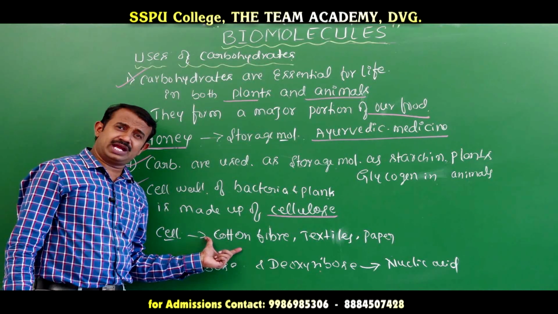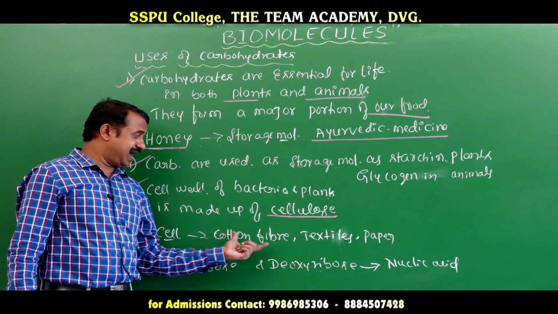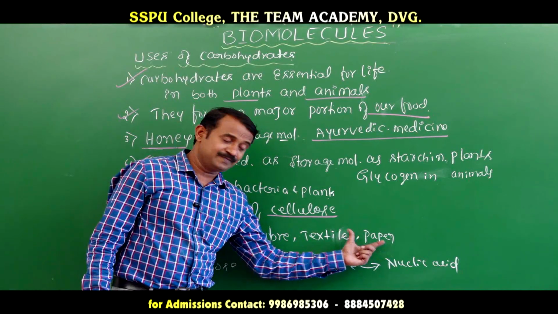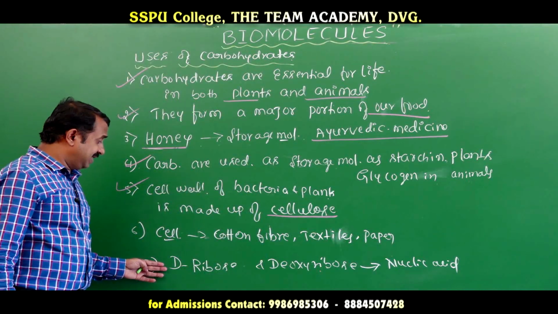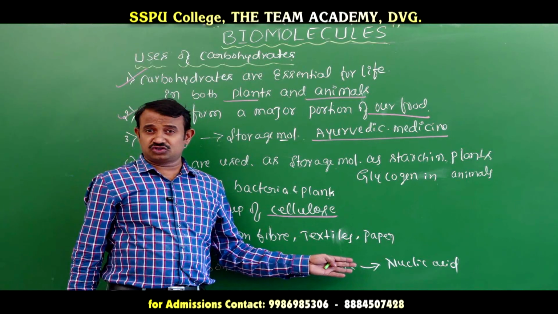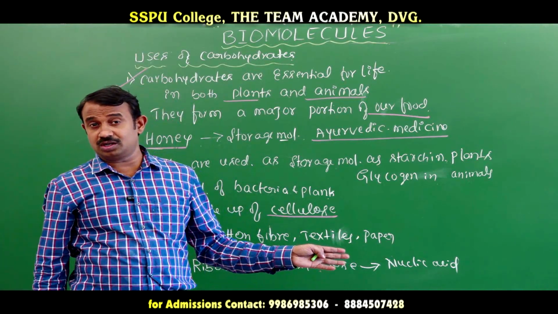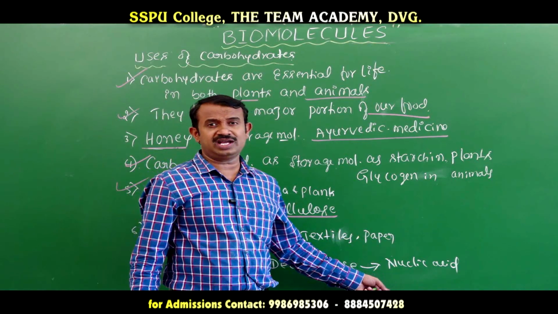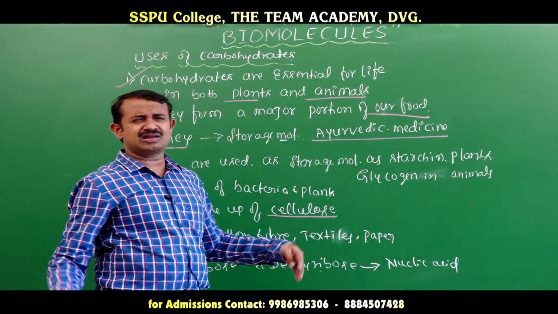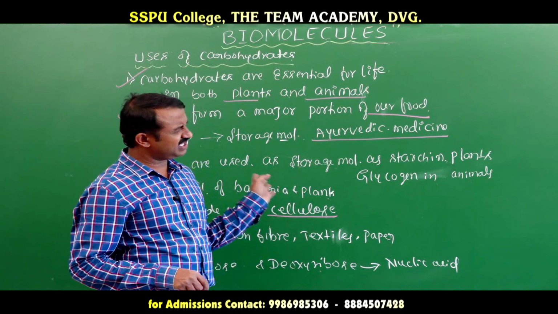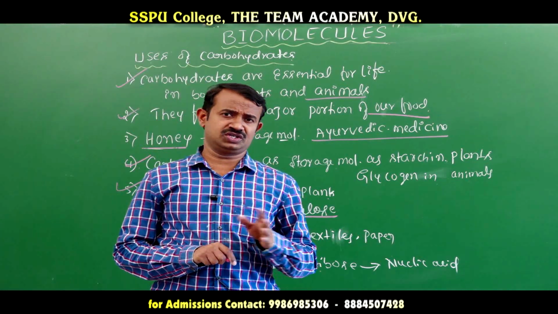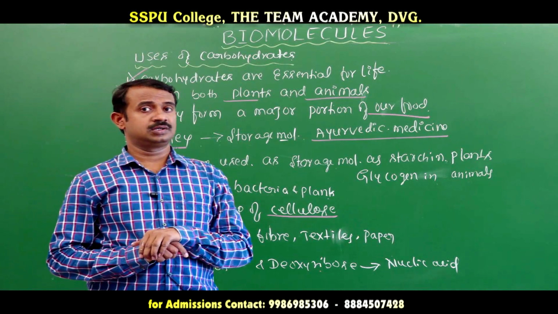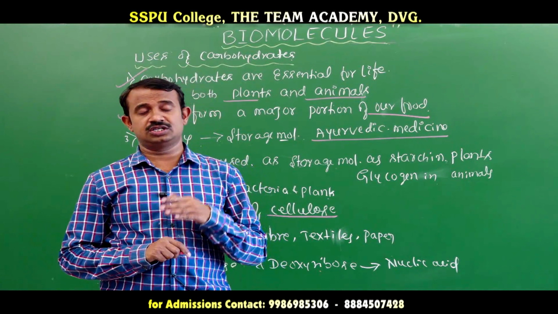Cellulose has very important applications; it is used in cotton, in textile industries and paper industries, etc. And D-ribose and deoxyribose, in DNA and RNA: ribose sugar and deoxyribose sugar are used in nucleic acids. There are also many other applications. These are the main important applications of carbohydrates. Next we will go for another subunit, proteins.